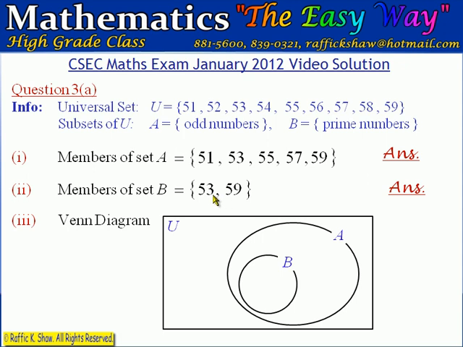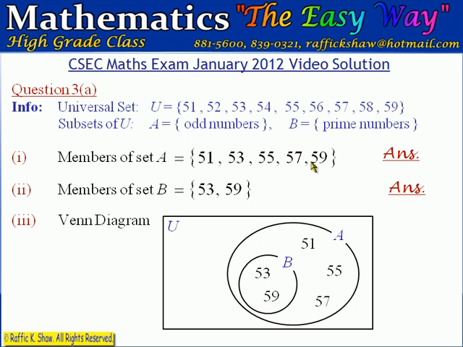So the elements for set B, we place them inside here, and that's our 53 and 59, which are also in set A. And then this remaining section in set A will contain the elements not yet placed in set A, which will be the 51, the 55, and the 57, right? And we can therefore place those elements here, right? So that's it. B is a subset of A, right?